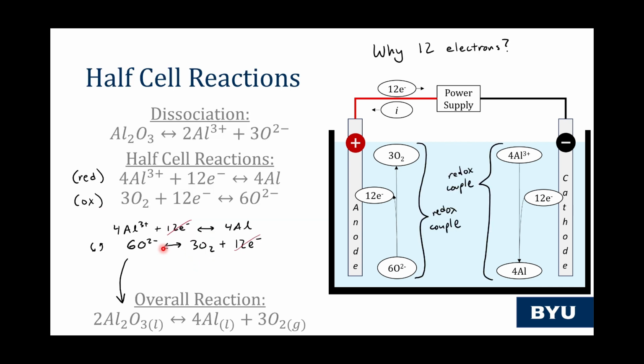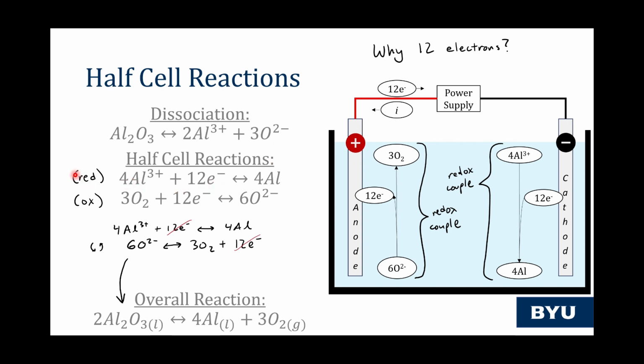So half-cell reactions. Well, half-cell reactions are how we take redox couples and describe what's happening at a single electrode. So here we have aluminum oxide that we've melted, and it dissociates upon melting into aluminum 3 plus and O2 minus. And then we have two half-cell reactions.